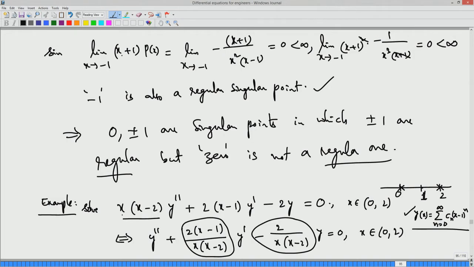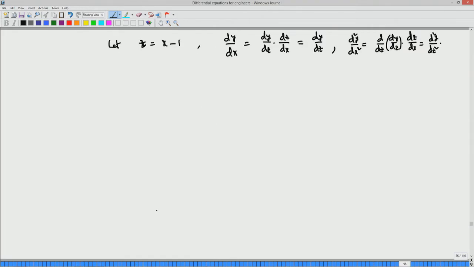Now you replace z equal to x minus 1. In terms of z, x is z plus 1, and x minus 2 is z minus 1. So you have z plus 1 into z minus 1, into d square y by dz square, plus 2 times z dy by dz, minus 2y equal to 0.